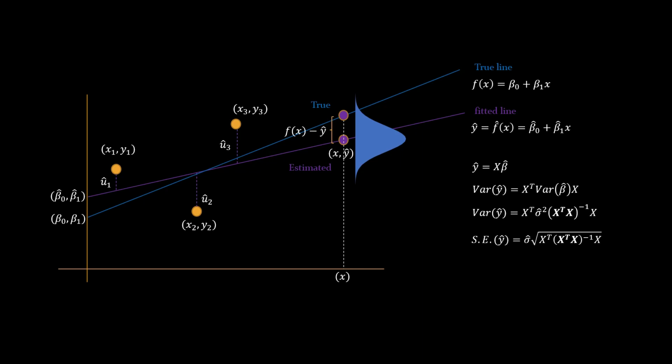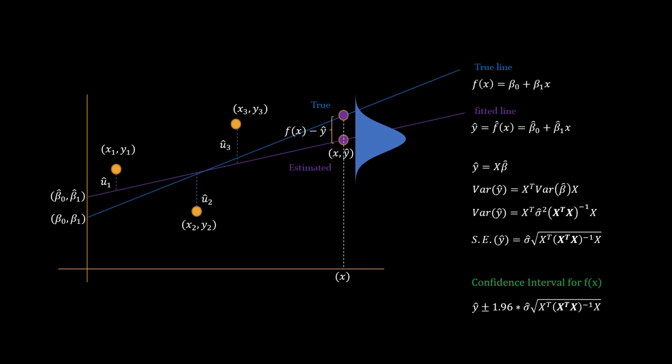So we obtain the standard error as the square root, and assuming normality, we can create the confidence interval for true average y, given x, as this. So we got the confidence interval for average y centered around our estimate.